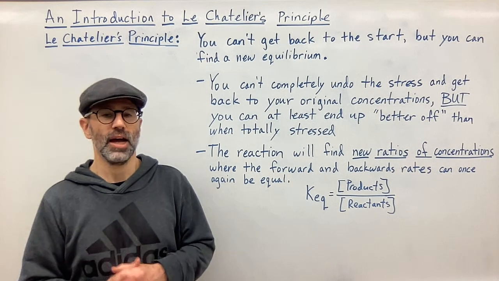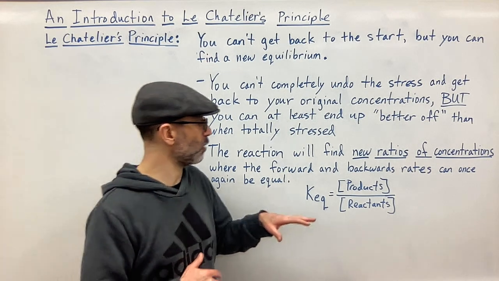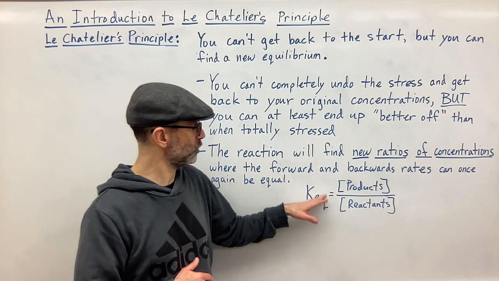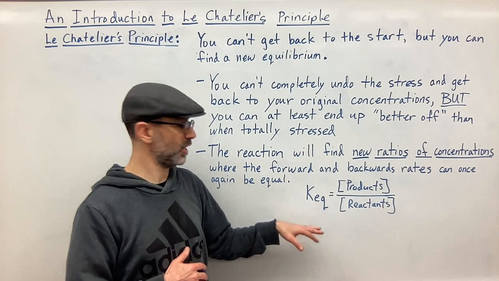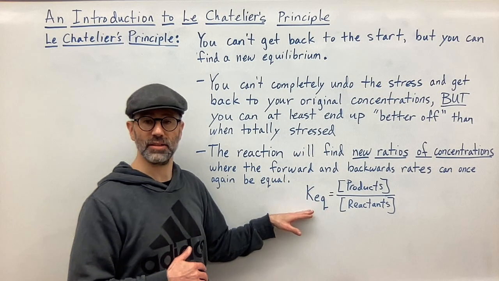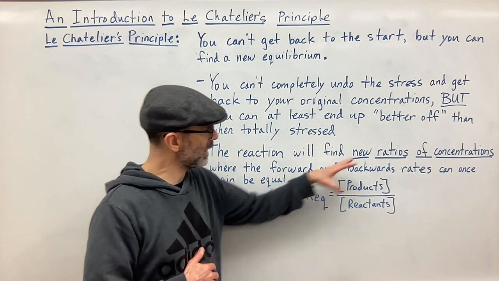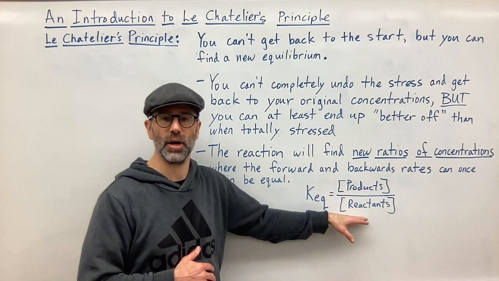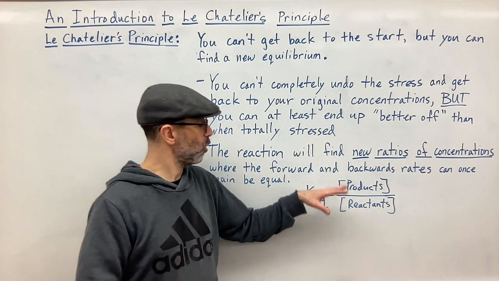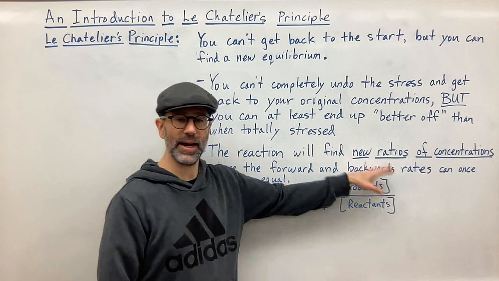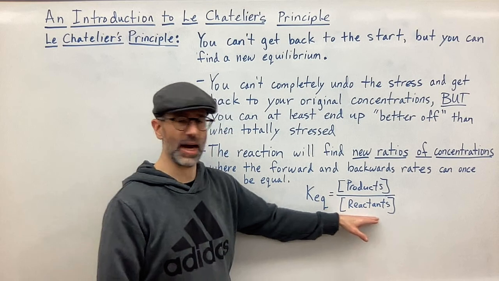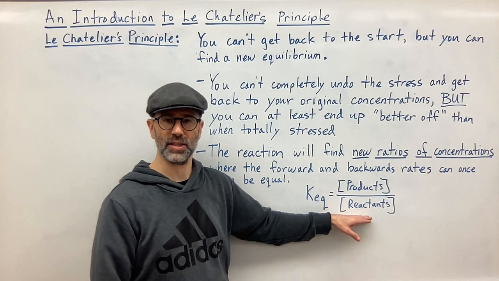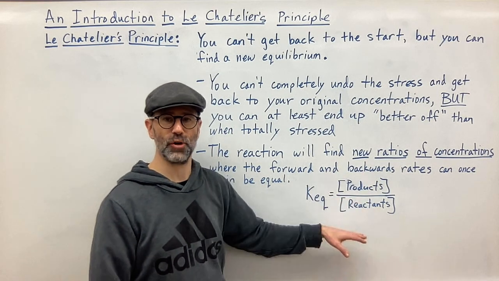Remember, when I'm talking about ratios, I'm referring to the Keq expression, the equilibrium constant expression. Here is a generic, more simplified form of that, where it's the concentration of the products over the concentration of the reactants. And this ratio is what I'm referring to.